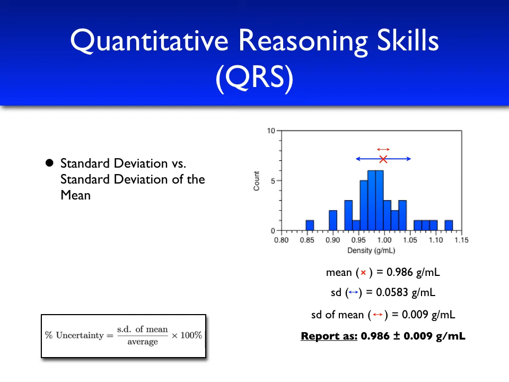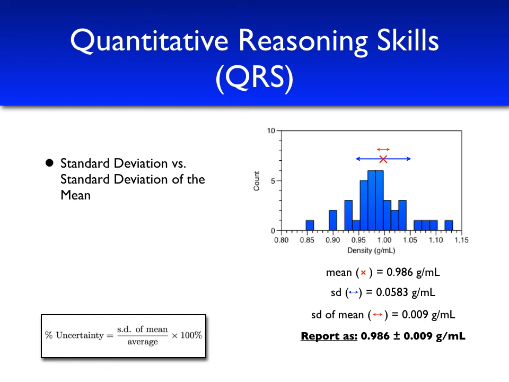When you report your average values with the standard deviation of the mean, remember to report your standard deviation of the mean to one significant figure. This is because typically we know that one of our significant figures is an uncertain digit, the one that we make a guess of.